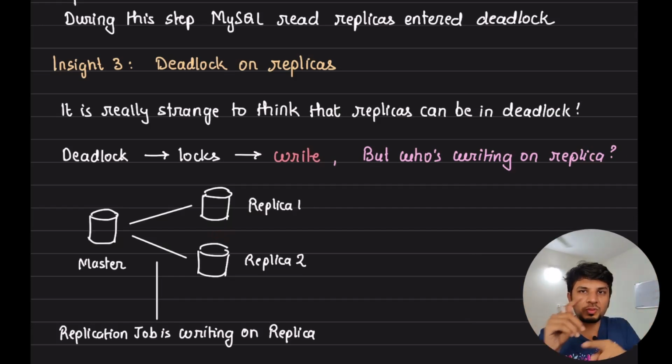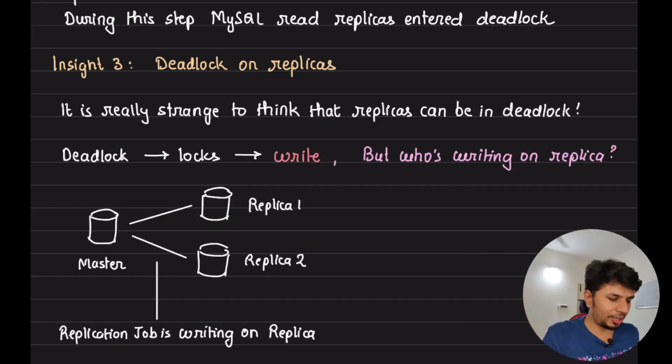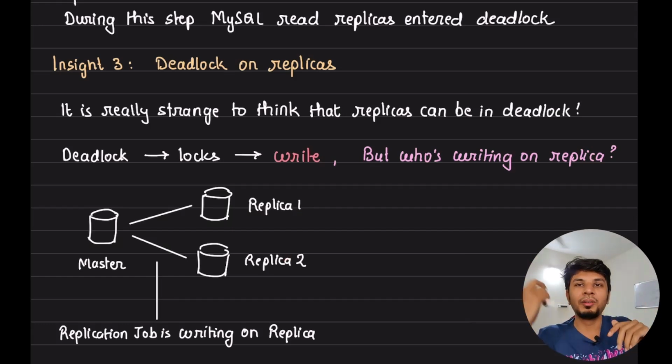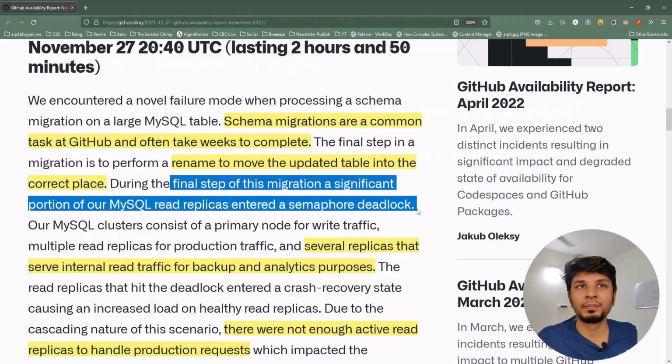So then the deadlock would happen. So although your main production traffic is not writing on the replica, the replication job is the one writing to the replica, which is causing the deadlock. And this typically happens when you have a large amount of data that you need to handle and migrate and whatnot.